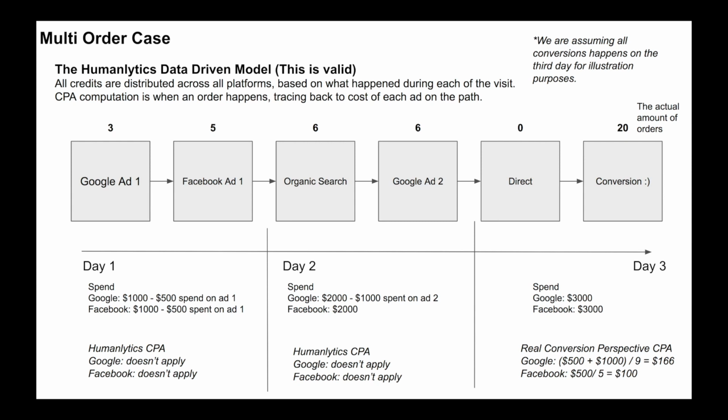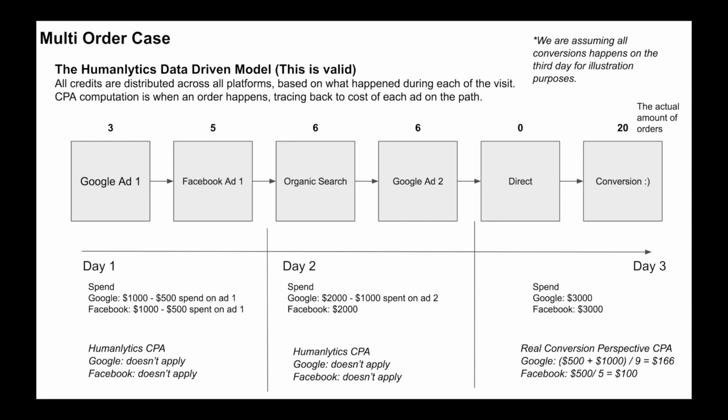So when we're talking about actual CPA computations, say there are 20 conversions that happen on day 3. Let's attribute all the credit and compute CPA for day 3, for every separate platform. For Google, we see that there are 9 credits attributed in total.